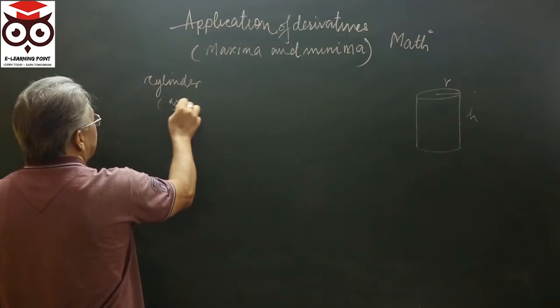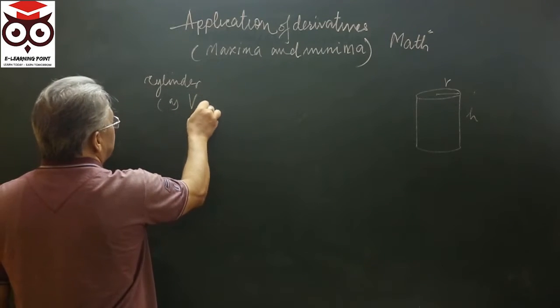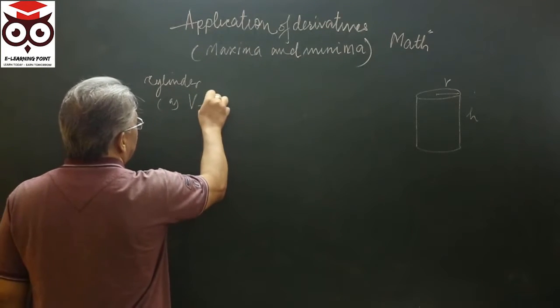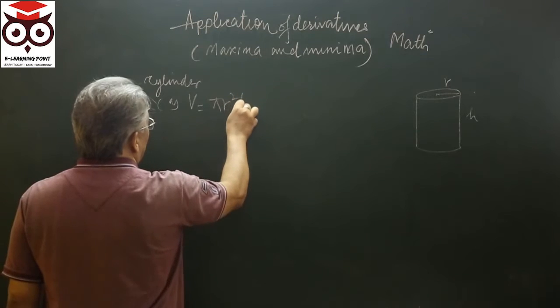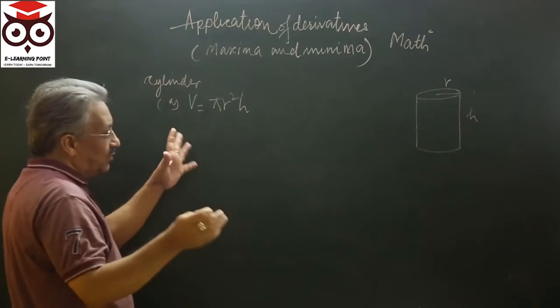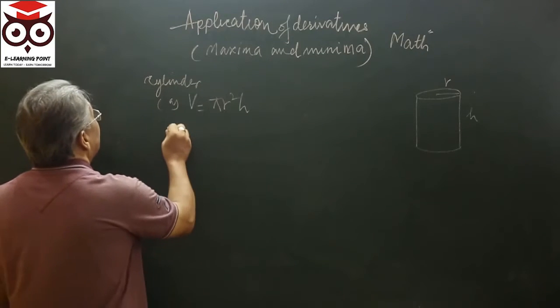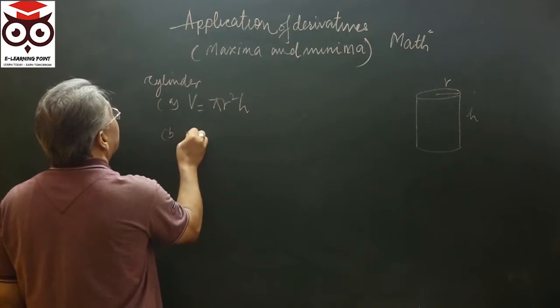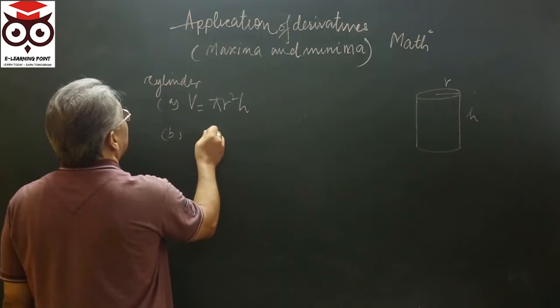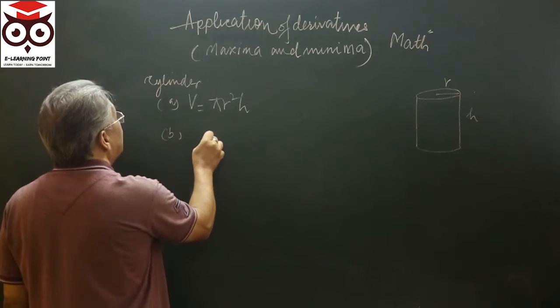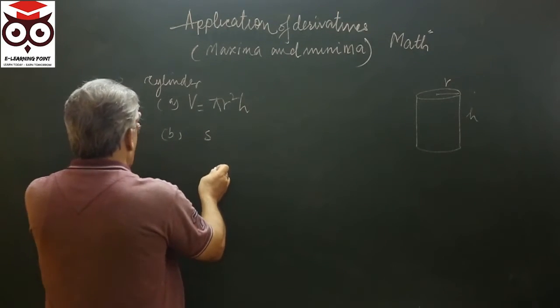First formula, this is called volume. Volume is equal to pi r square h. The volume is the total space inside the cylinder. दूसरा होता है सरफेस एरिया, टोटल सरफेस एरिया.